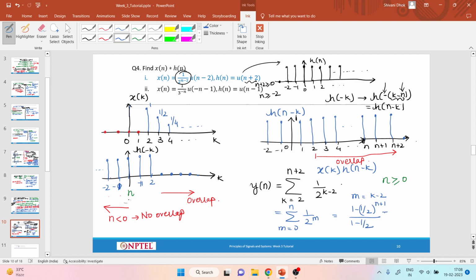So this comes out to be 2 into 1 minus 1 by 2 to the power n plus 1 for n greater than or equal to 0, and my y of n will be equal to 0 for n less than 0. So this is the value of my convolution. Any doubts at this point?